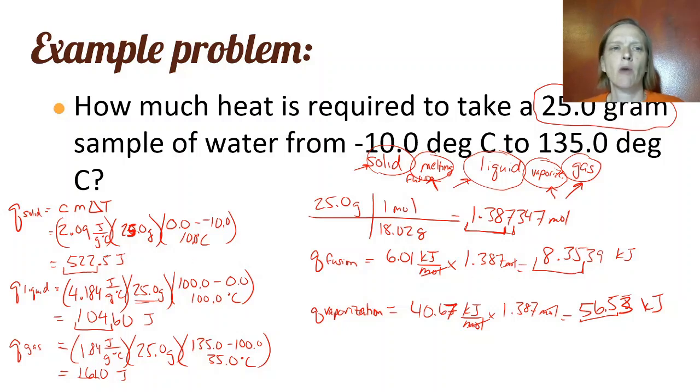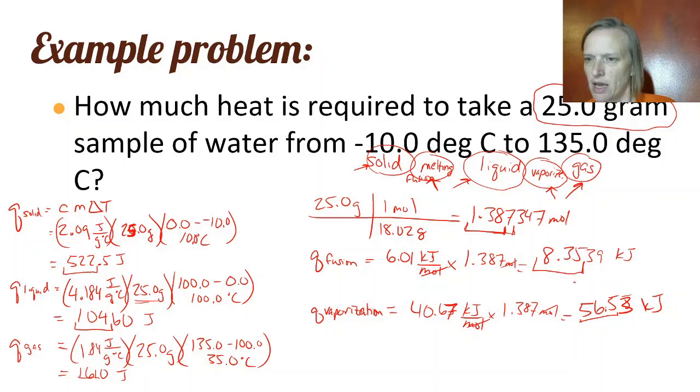So let's look at how we're going to put these 5 values together. If I add up my 2 kilojoule values, although this has 3 sig figs and this has 3 sig figs, when I add them together, because of lining up decimal places, I can only go to 1 decimal point.